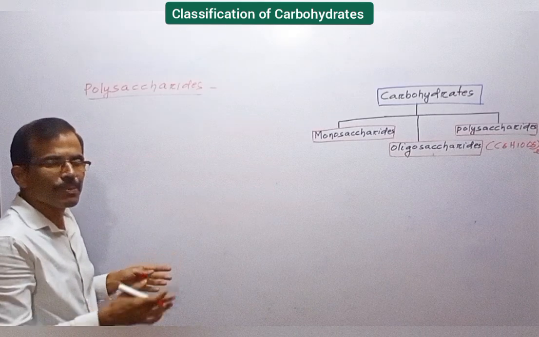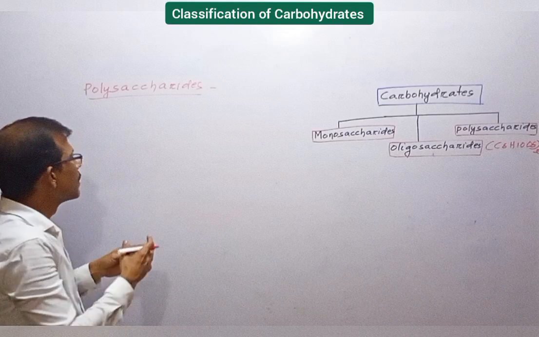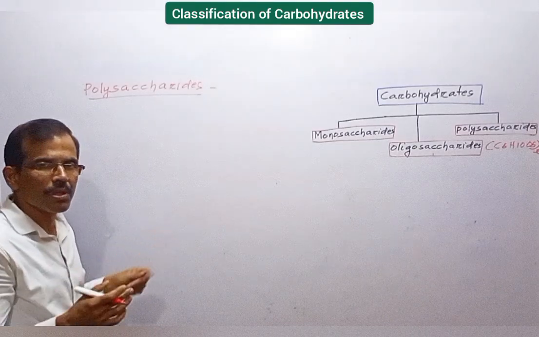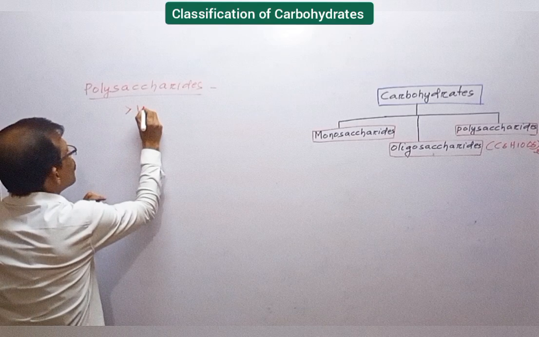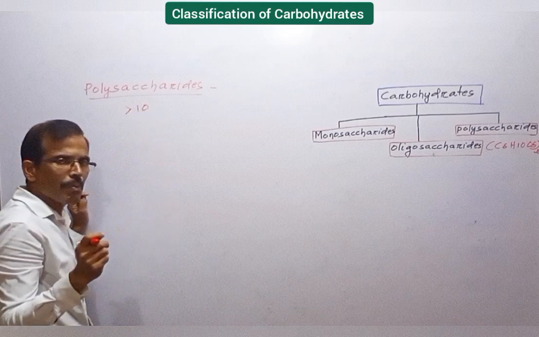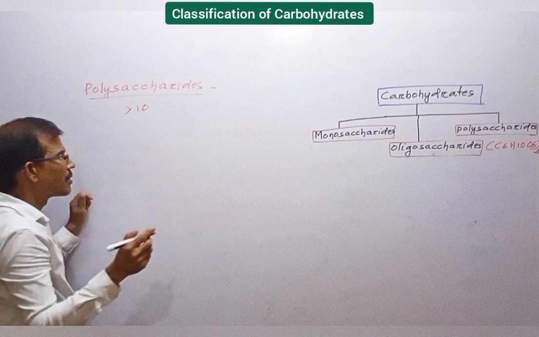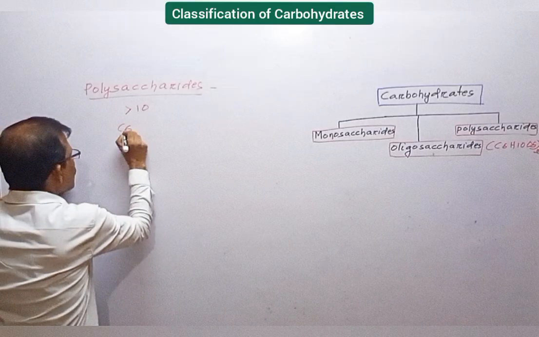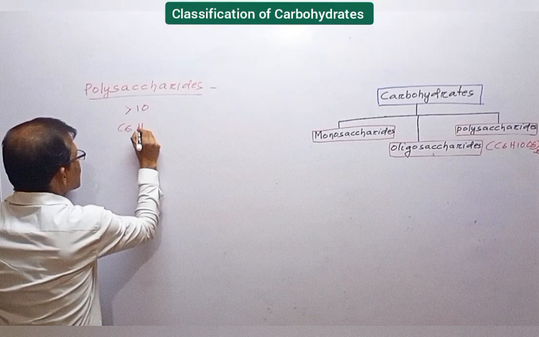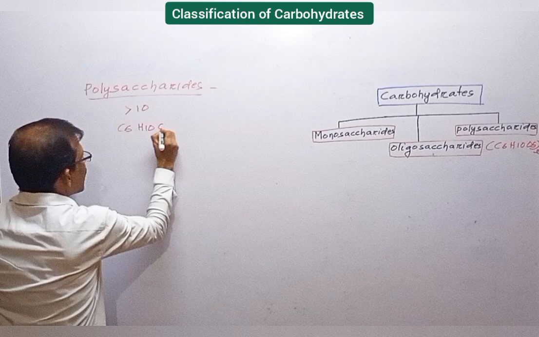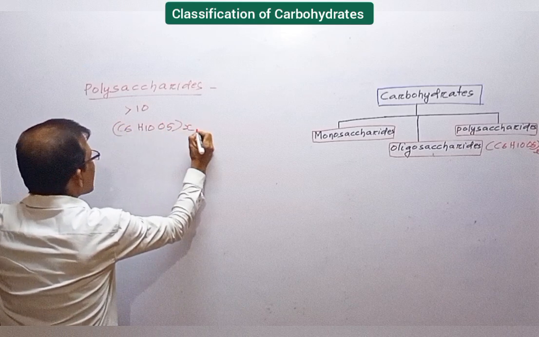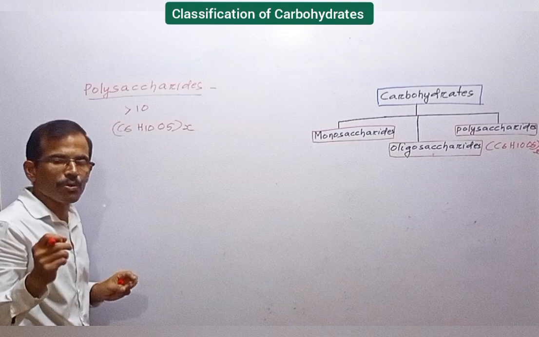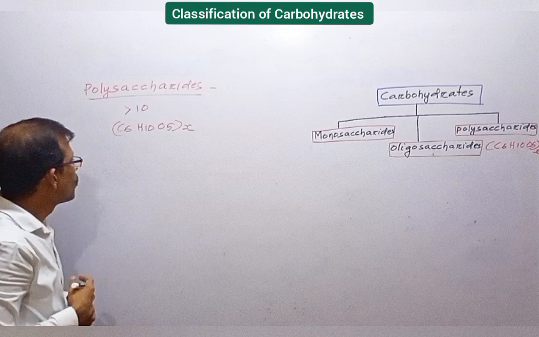Third one is polysaccharides. They are also compound sugars. Upon hydrolysis, they yield more than 10 same or different monosaccharide units. Their general formula is (C6H10O5)x, where x is the number of monosaccharide units.